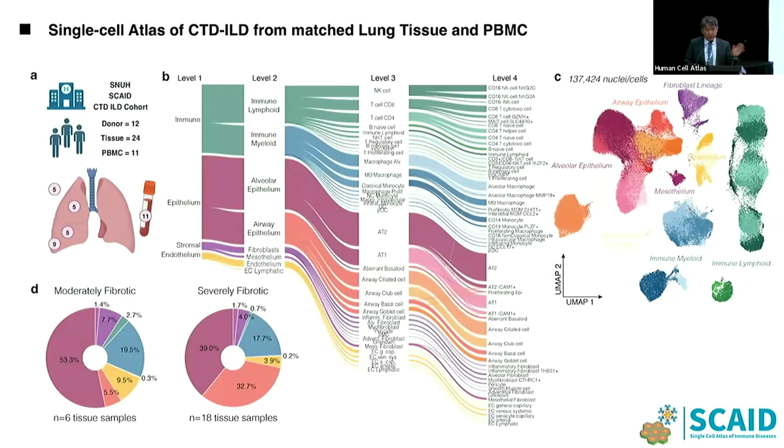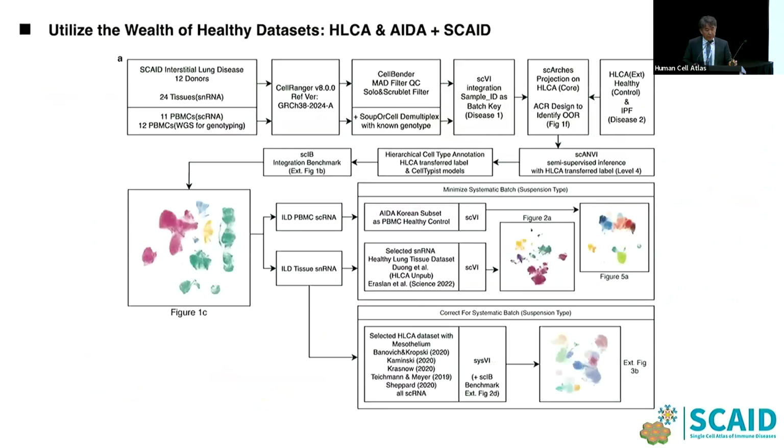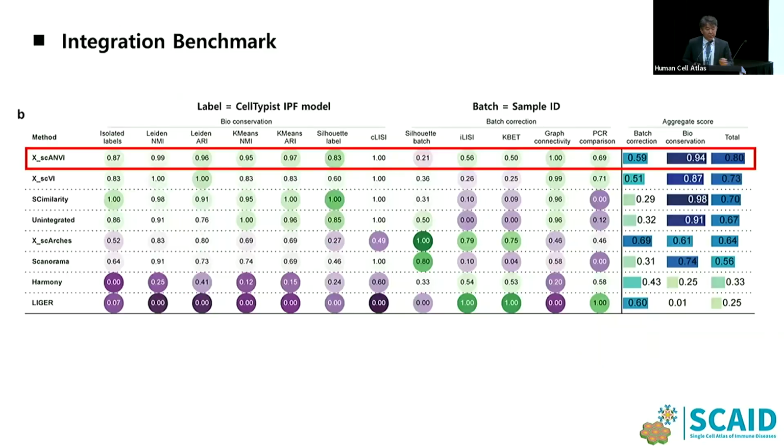And we did hierarchical cell type annotation, the same as the human lung cell atlas. For the tissue data, we used the human lung cell atlas as a reference. And for the PBMC data, we used the IDA data, especially the Korean IDA data, as a reference. We checked the integration benchmark, that the integration was properly done.